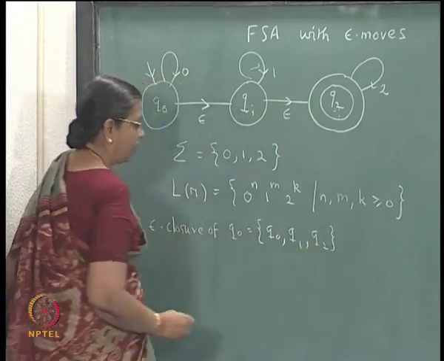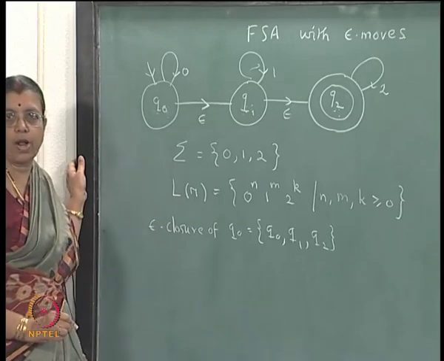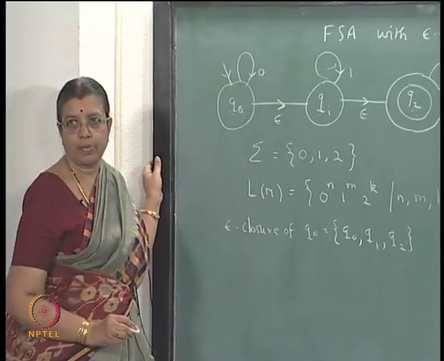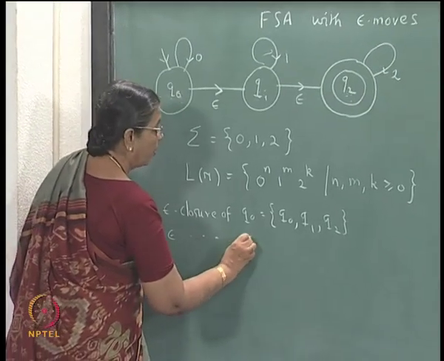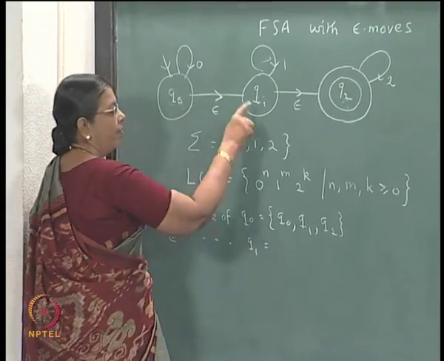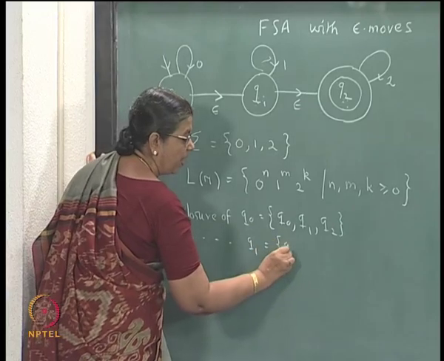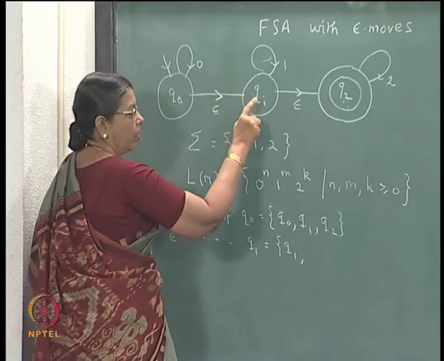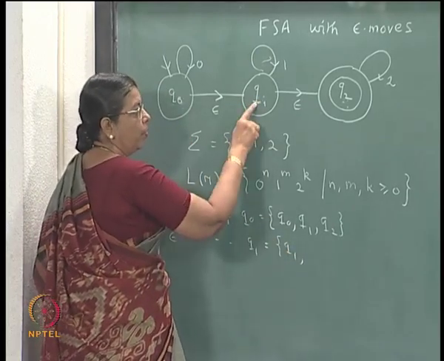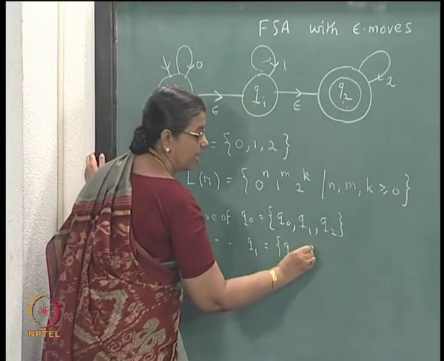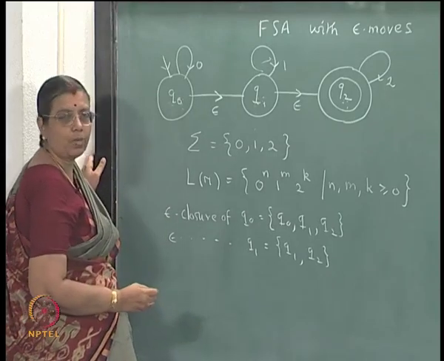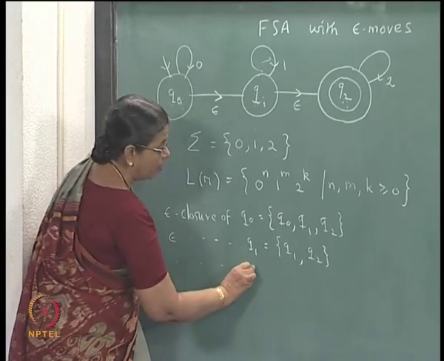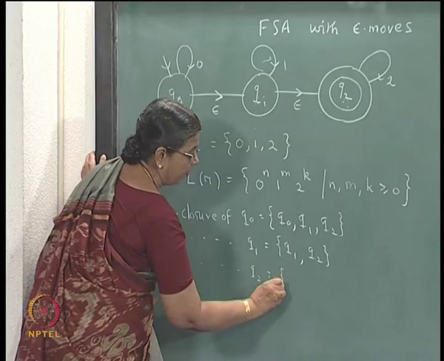So, the epsilon closure of Q naught is Q naught, Q1, Q2. And what is the epsilon closure of Q1? From Q1 you can go to Q1, Q1 will be included, then from Q1 by epsilon move you can reach Q2. So, epsilon closure of Q1 is Q1, Q2, and epsilon closure of Q2 is just itself.